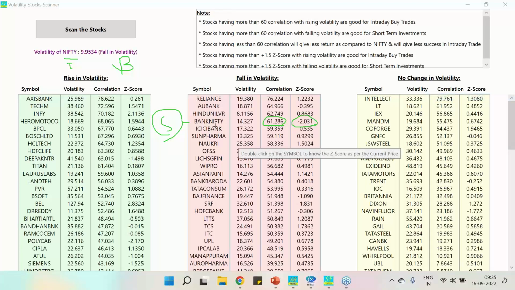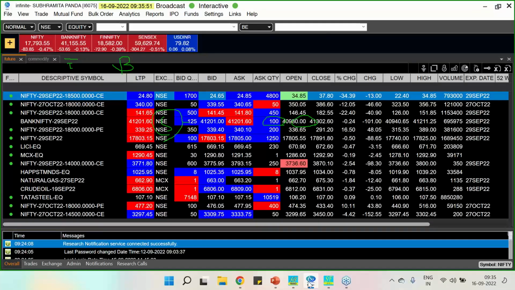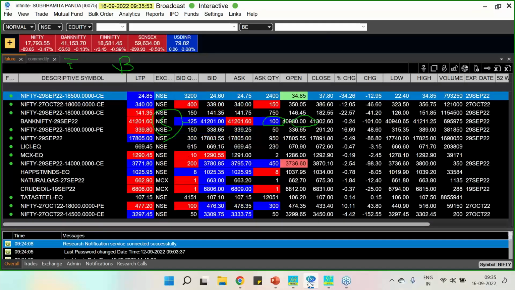Here you must hedge it also. If I just double click on the symbol, I will get the latest Z score as per the current price. You can see, as per yesterday's closing it was -2, now it is 1.70. But still you can enter.